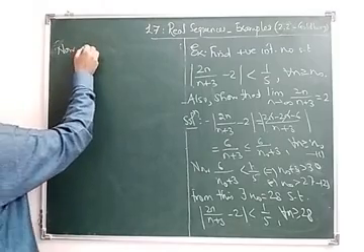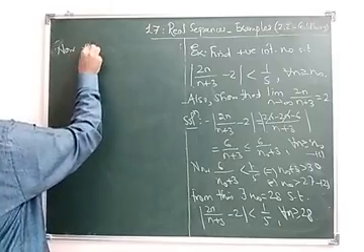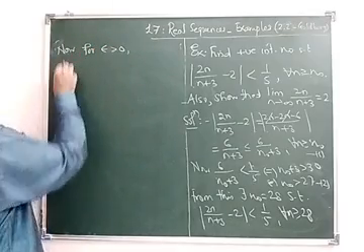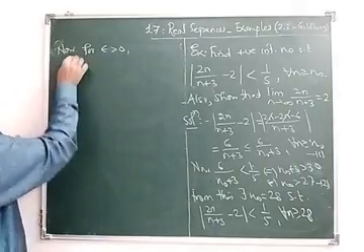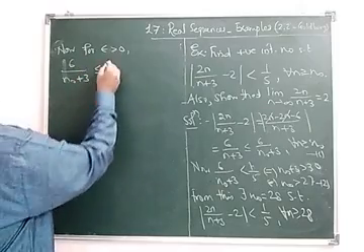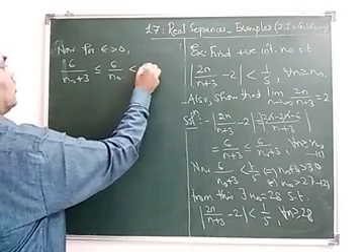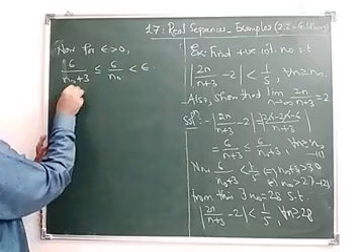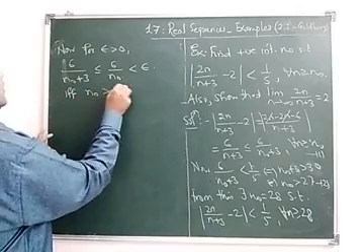Now, for epsilon greater than 0, 6 upon n naught plus 3 is less than or equal to 6 upon n naught, which is less than epsilon if and only if n naught is greater than 6 upon epsilon.